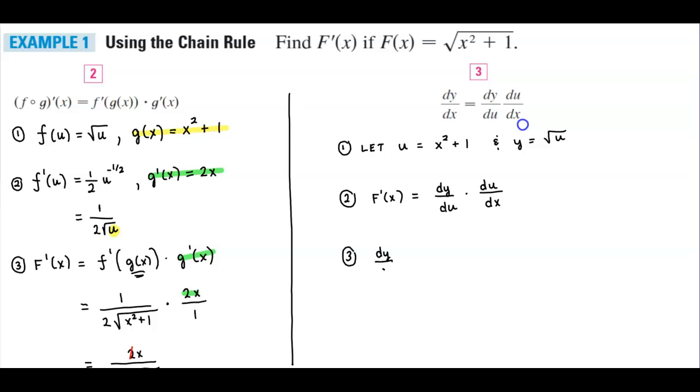Well, dy over du of the square root of u, that means the derivative with respect to u is going to be 1/2 u to the negative 1/2, which is equal to 1 over 2 times the square root of u. And then when we find du over dx of x squared plus 1, we're going to get 2x.